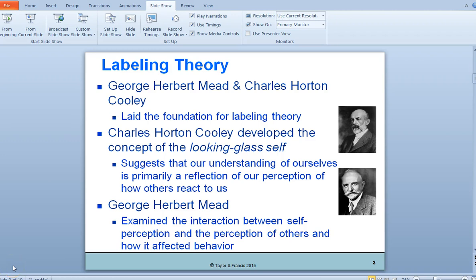Labeling theory and social conflict theories provide a critical perspective for the examination of major assumptions in criminology. Those that back up the labeling theory argue that the individual is a constantly changing being who responds to the reactions of others.